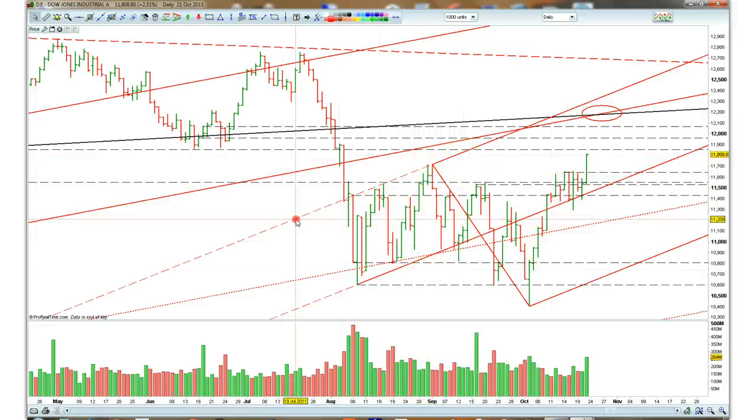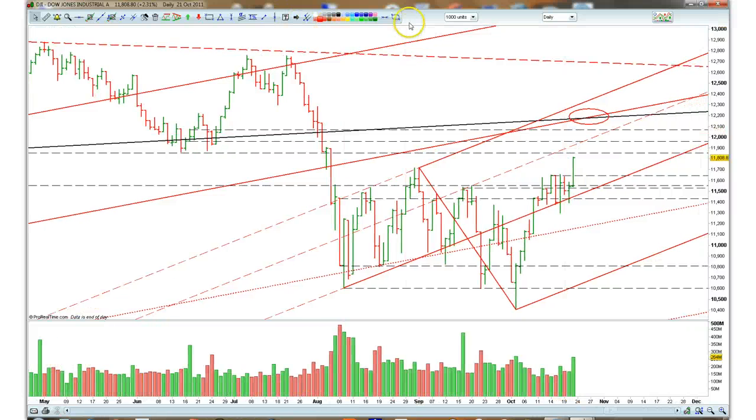That tells me that's a good and valid pitchfork for us to be looking at. What I'll do is copy that line to this pivot high here, parallel, and that gives us another area to watch, where it could possibly pivot. If it did pivot up in that area, then I'd be looking for it to come back and test the median line, and that would give us a nice test.